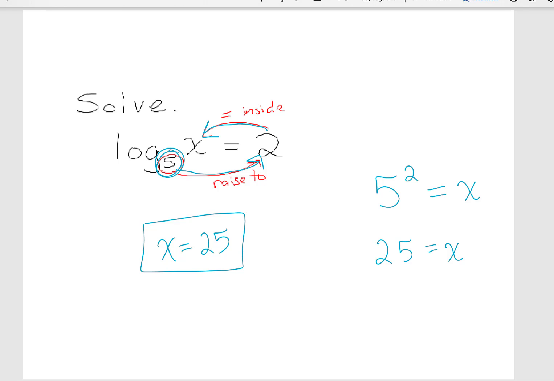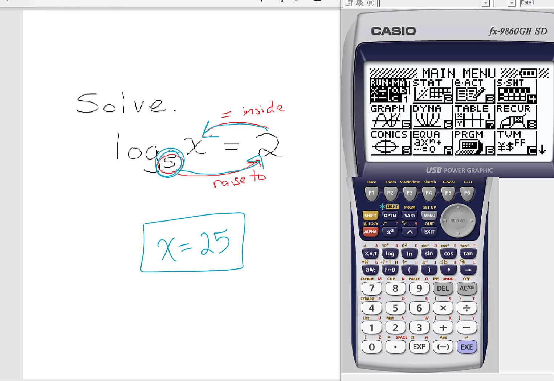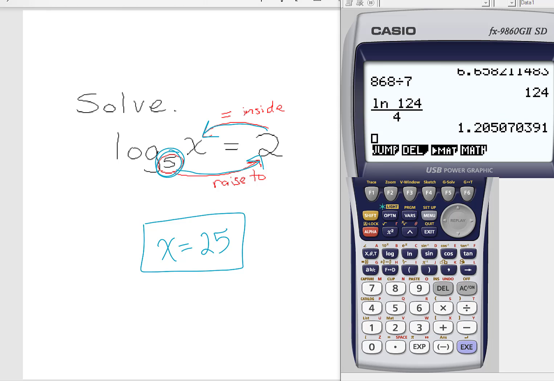And then we can check this in our calculator. So I'll get my calculator out. And I'll do log. So to get to the log where my base is not a 10, remember that if I use this button right here, the log button on my calculator, it's going to give me a common log, which has a base of 10.